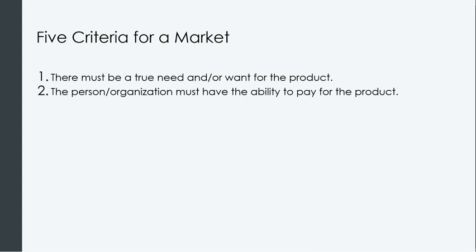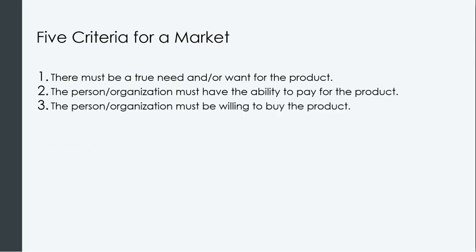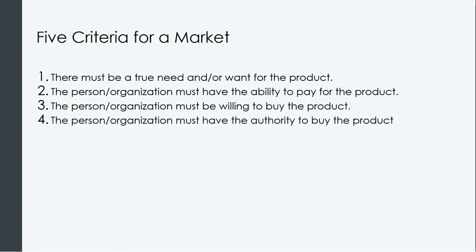Also, the customers must have the ability to pay for the product, for example, where means are acceptable to the marketers. Also, the customer must be willing to buy the product. As well, the customer must have the authority to buy the product.